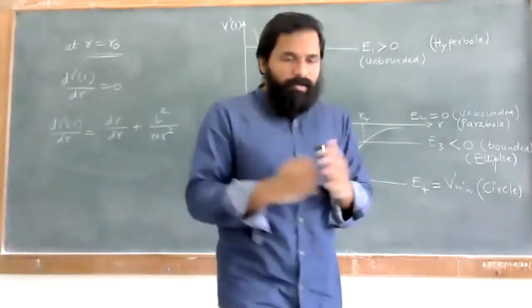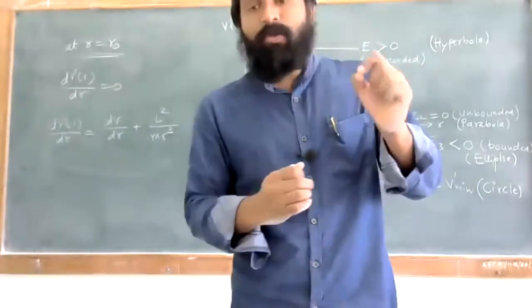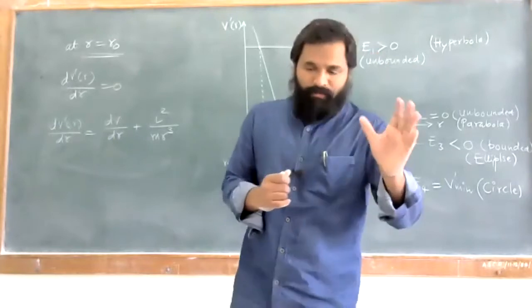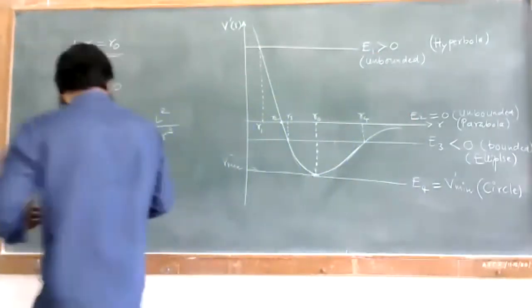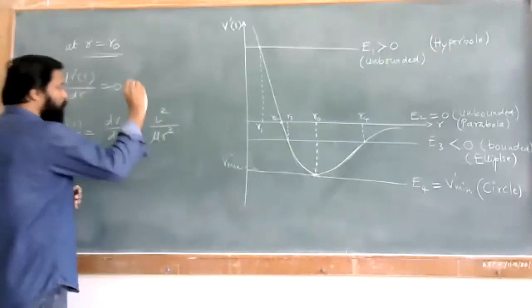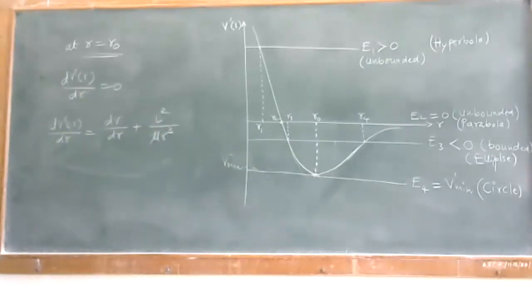As we are talking about the planet, let us look at the equivalent mass, or you can say the reduced mass. So you can replace this m by the symbol mu. So we have dV dash by dr is equal to 0.